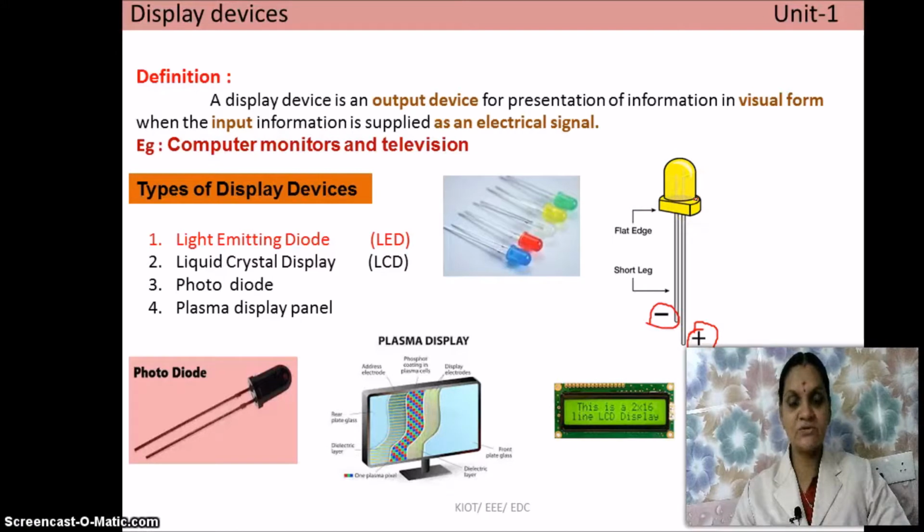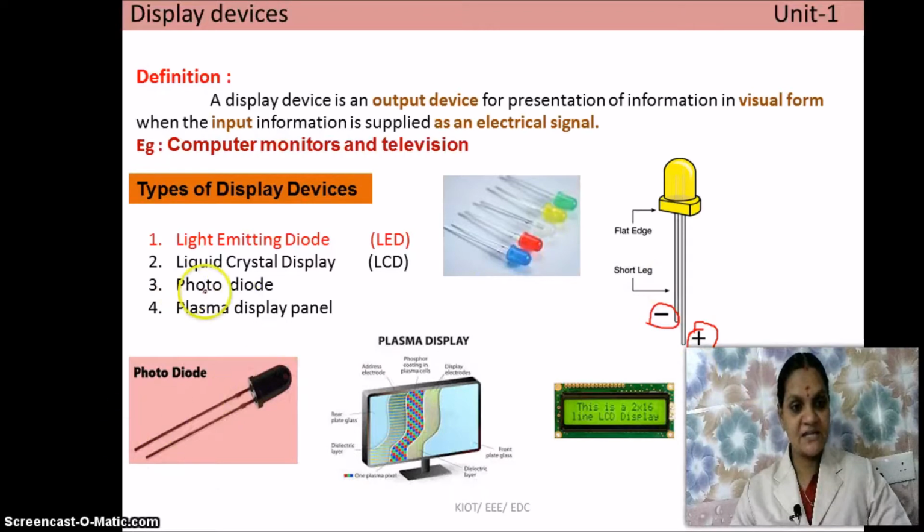This gives a perfect brightness of different colors. If the outer covering is glass, we can see the colors, that means the illumination will be very high. This is how an LED looks.